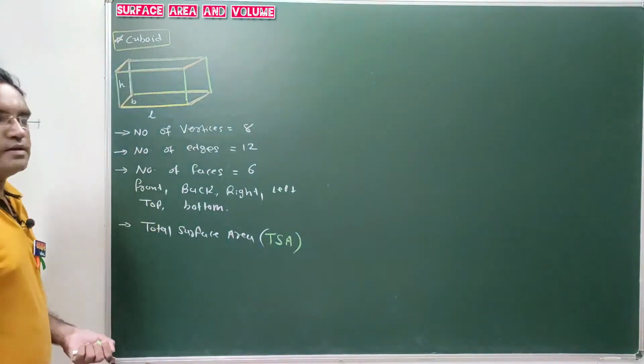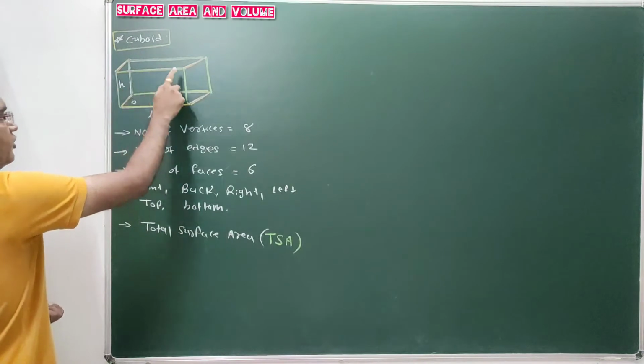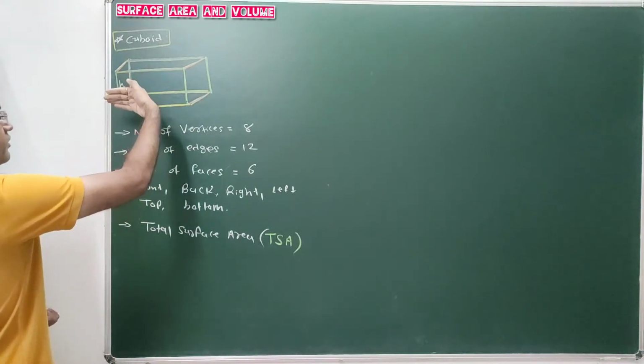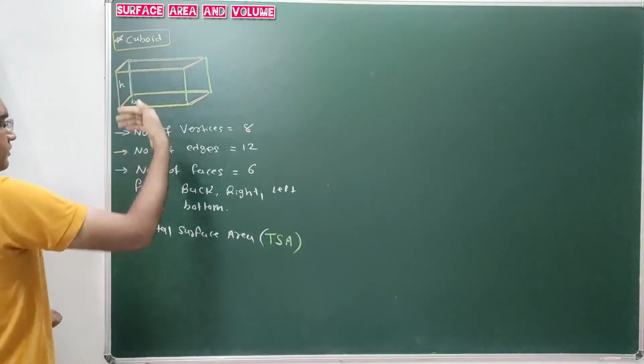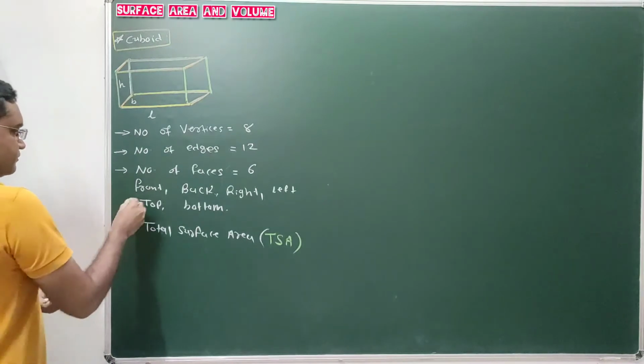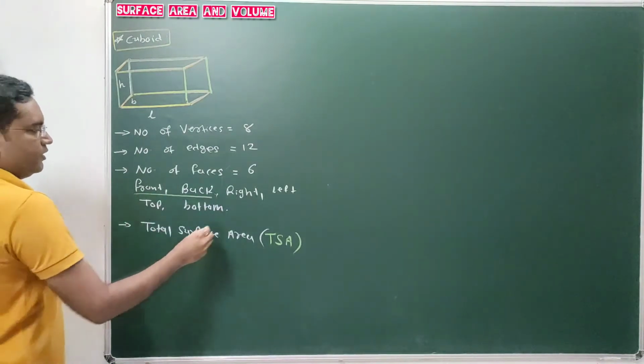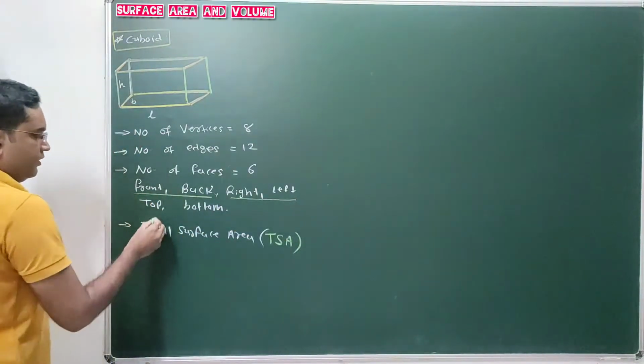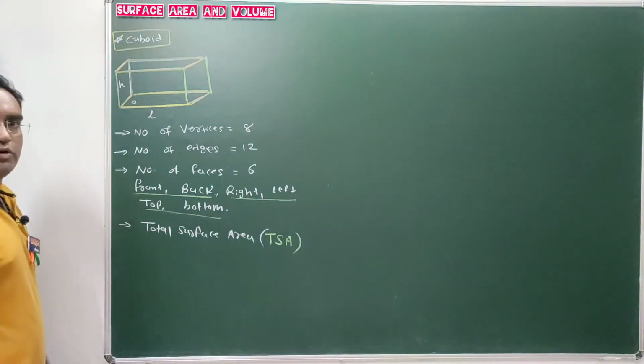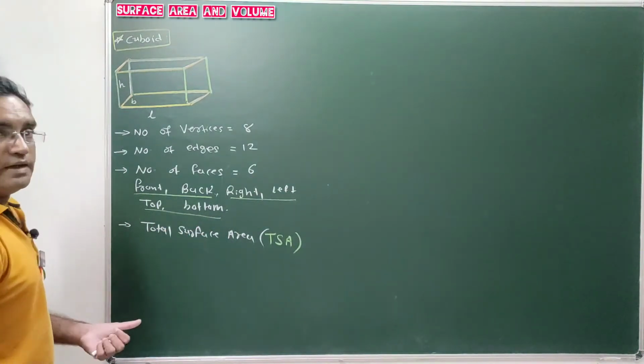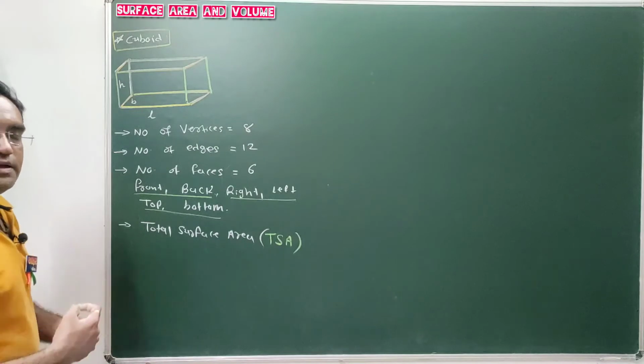Total 6 rectangular faces are there. Front is congruent to back, right and left faces are congruent, and top and bottom faces are congruent. They are equal in area and also equal in shape.